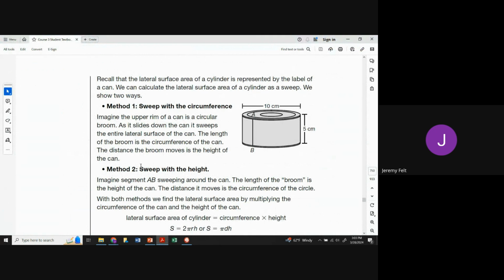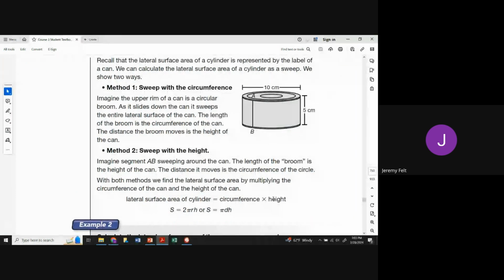Lateral surface area of a cylinder is represented by the label of the can. It's always your coffee canister, your soup can, or the sanitizing wipes that we have in class. If we think about taking off a label, for lateral surface area we're going to have a rectangle. Its height is whatever the height of the actual can or cylinder is, and the label all the way around would be the circumference of the circle.